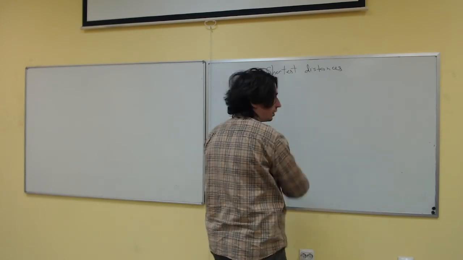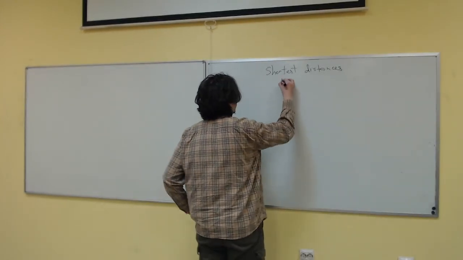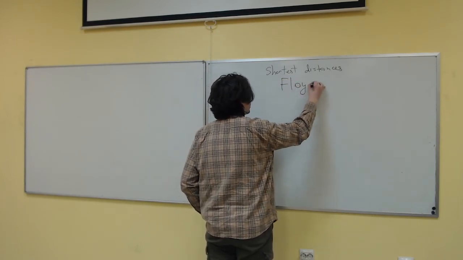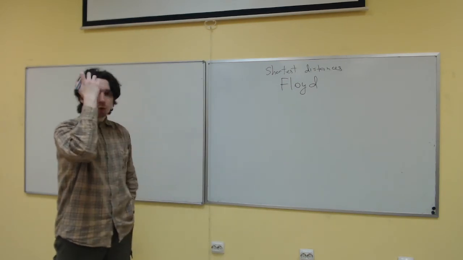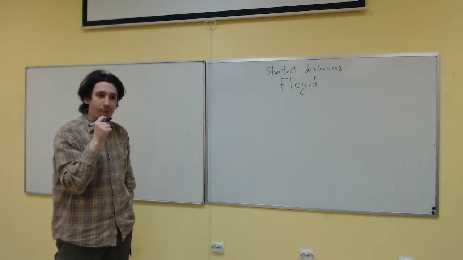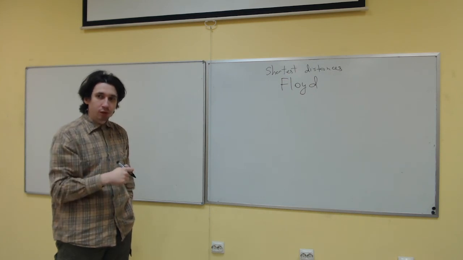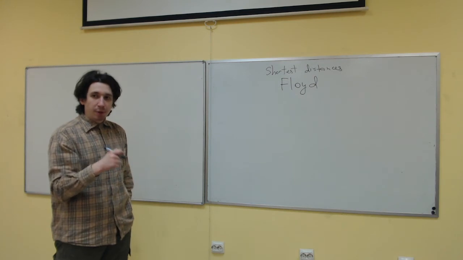So, finally, the last algorithm that we are going to talk about in this course is the Floyd algorithm. So what is the problem now? The problem is that we want to compute all pairs distance.